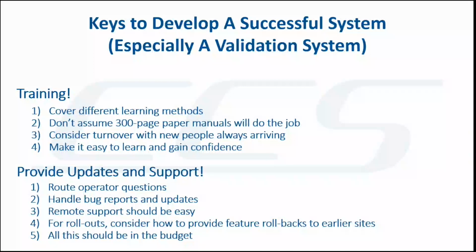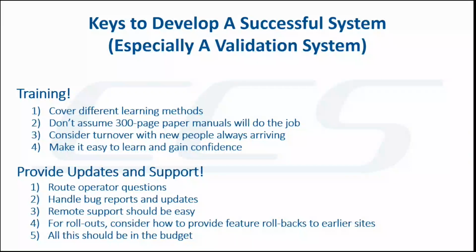Another thing for rollouts is to consider how to provide future feature rollbacks to earlier sites. And what does that mean? Well, if you're doing a rollout, you might have five different locations where you're deploying the same system. Let's say you get to site number five, you have deployed something and you've had learnings throughout the course of this journey.